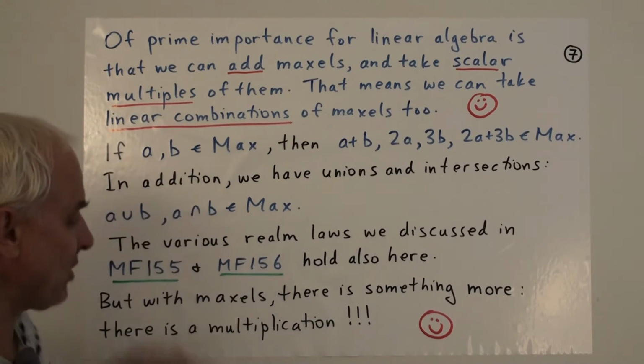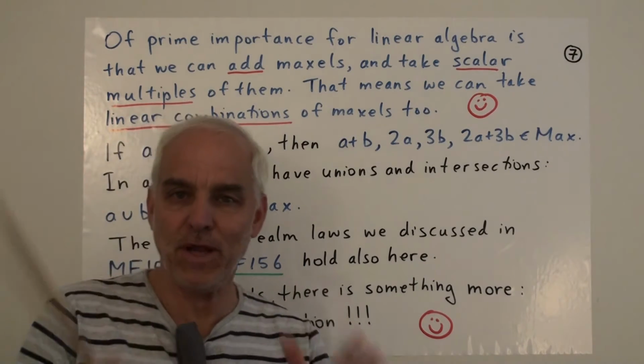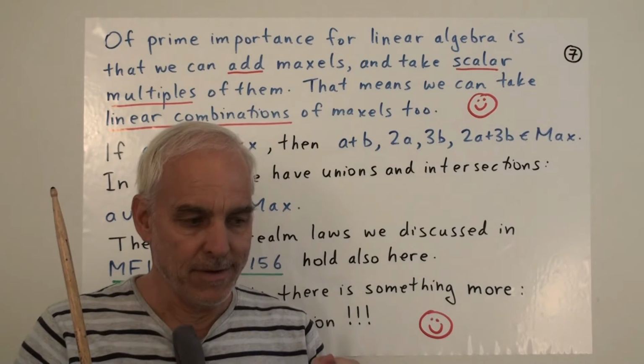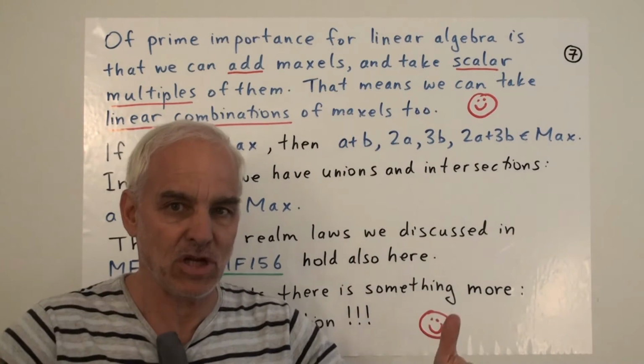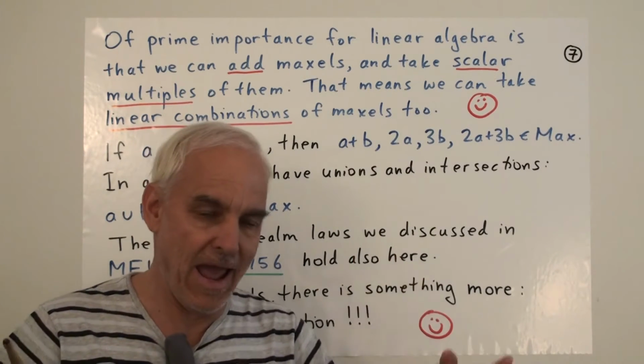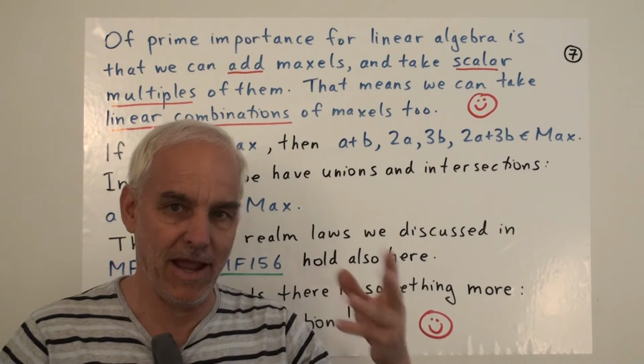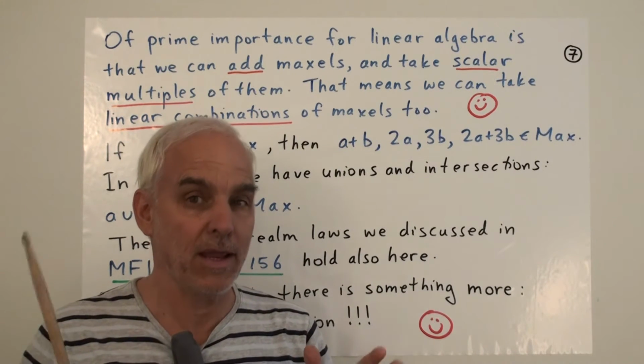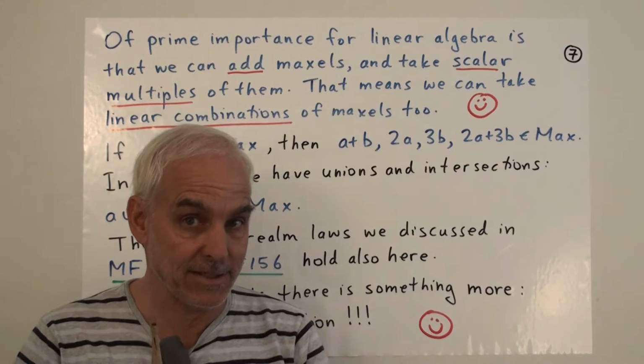And we're getting these operations for free. This is a very pleasant situation, that we don't have to define especially how to add and scalar multiply and then take linear combinations. These are automatic because we're working in this realm of multisets.